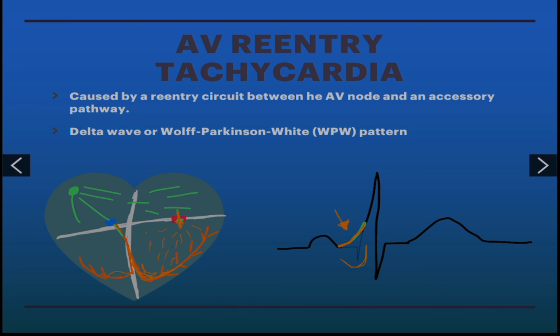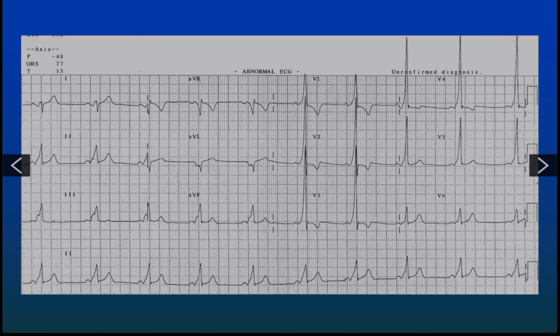And that would be called a Wolff-Parkinson-White pattern. It's also referred to as Wolff-Parkinson-White syndrome. And that's going to be important for us later on. An example of a delta wave, you can see here in lead 2 down at the bottom. You can see the gradual uptick there.